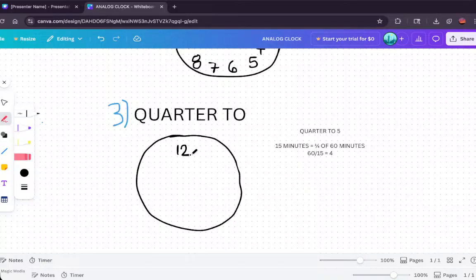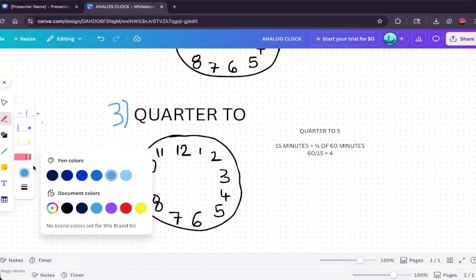So 12, 1, 2, 3, 4, 5, 6, 7, 8, 9, 10, 11. Okay? So again, the hour hand will be in blue.